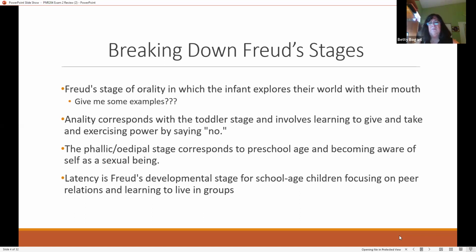Now, remember, toddlers are all about, after the potty training, toddlers are the ones that are autonomous. They want to do things by themselves, and they don't really understand right and wrong quite yet. They just know they get punished for bad things. And these children just know, no, no, me, mine, mine, mine.